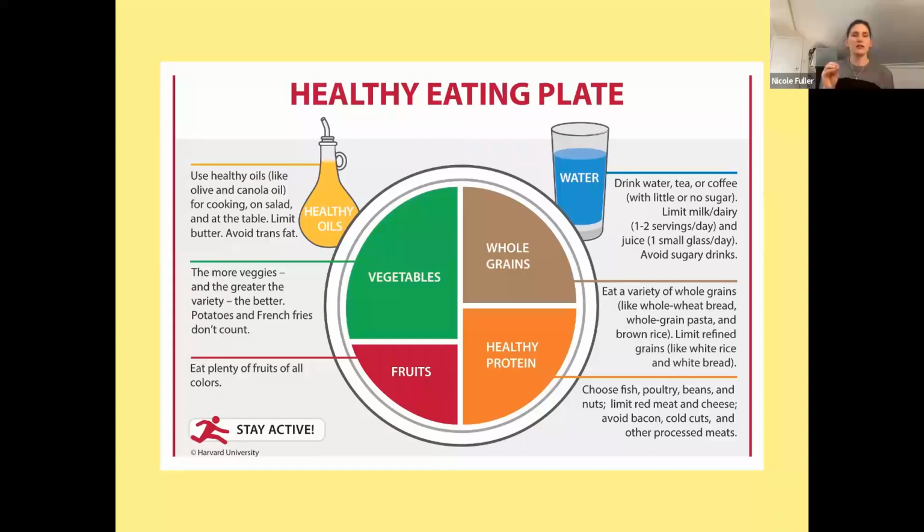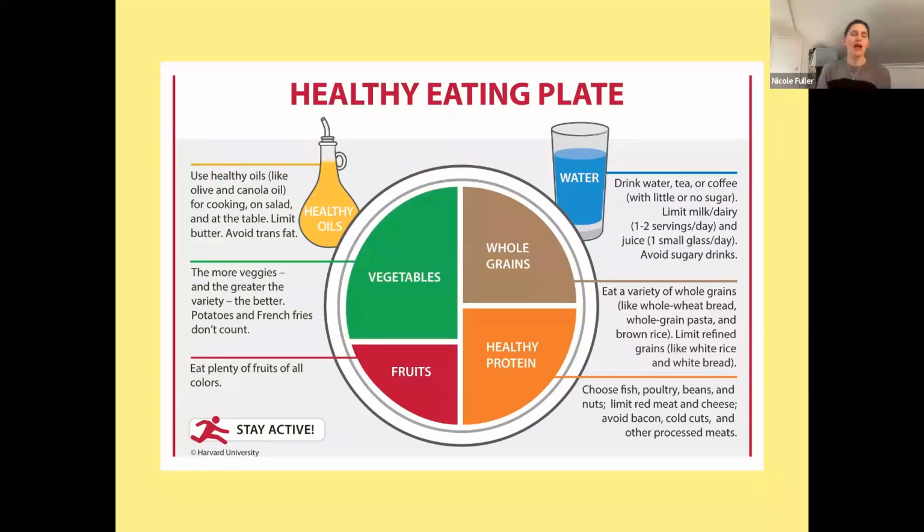You want a quarter of your plate to be whole grains or the carbohydrate, focusing more on whole grains. Think brown rice, whole wheat pasta, quinoa, couscous, those types of things, limiting refined carbohydrates. And a quarter of your plate should be healthy protein, fish, poultry, beans, nuts.